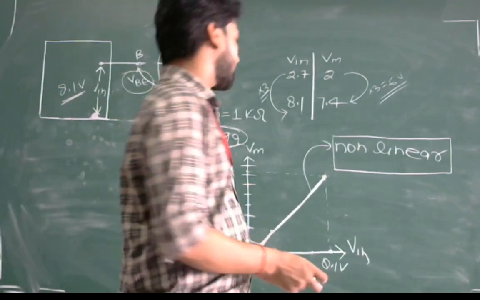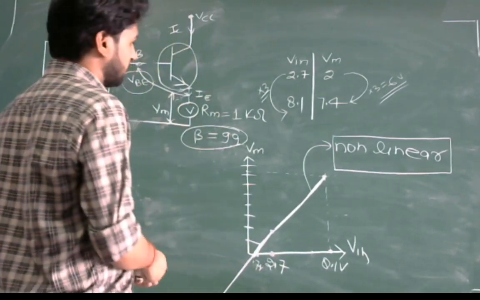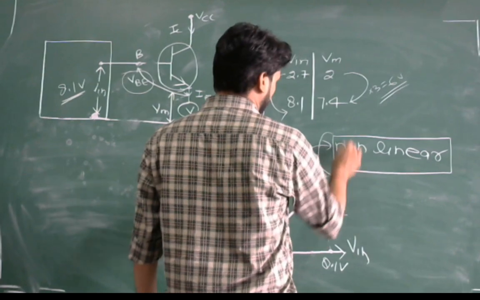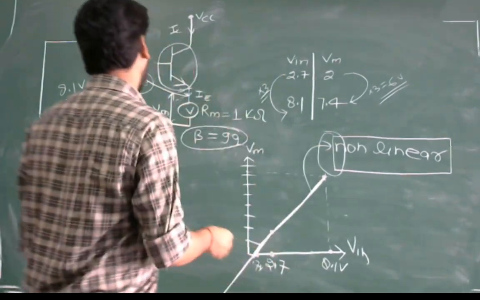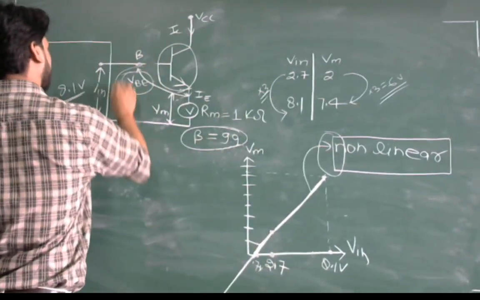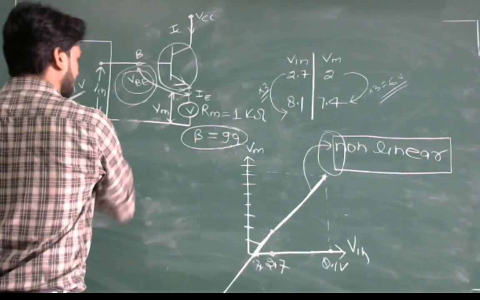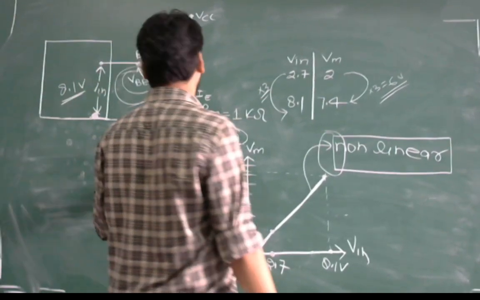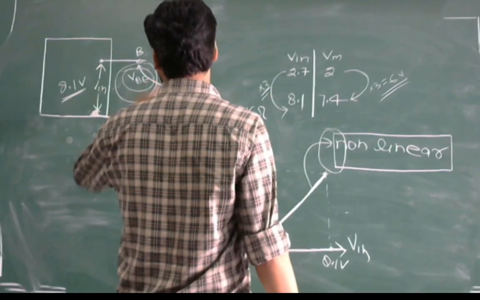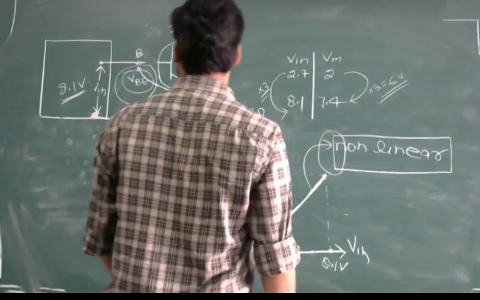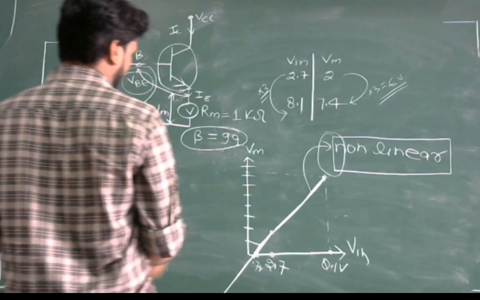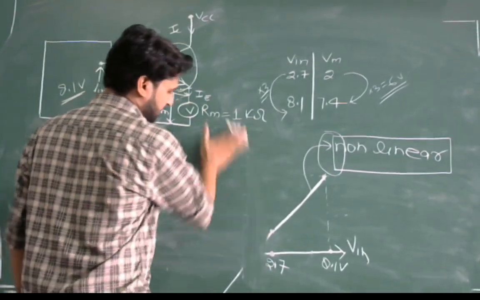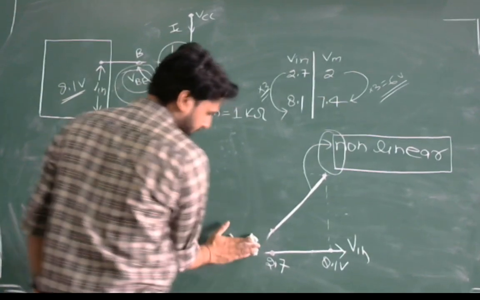One important thing is, this non-linear relation is only because of this base emitter voltage VBE. So somehow we have to compensate this voltage VBE by using some other source. We will see the modified circuit of this voltage emitter follower.